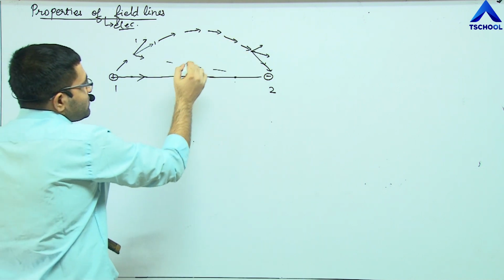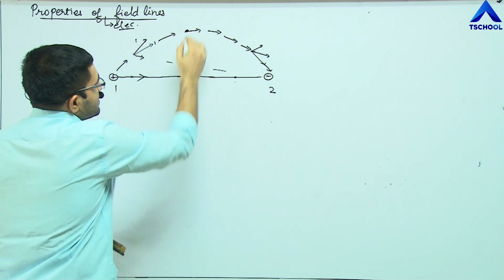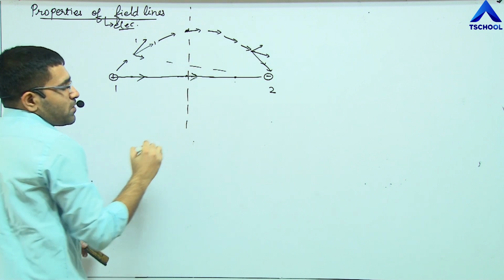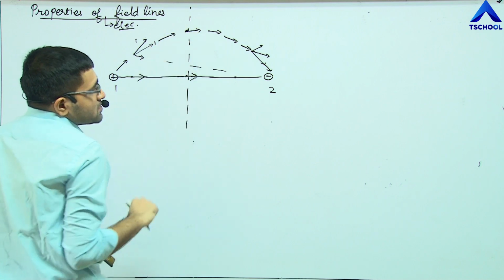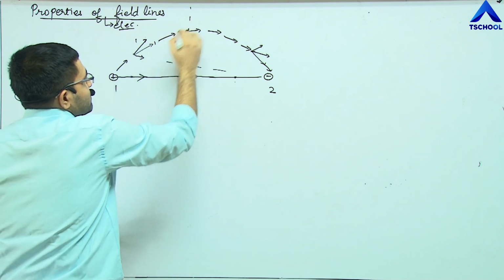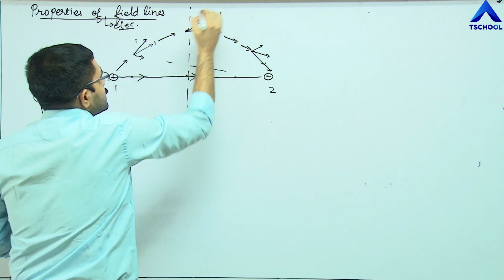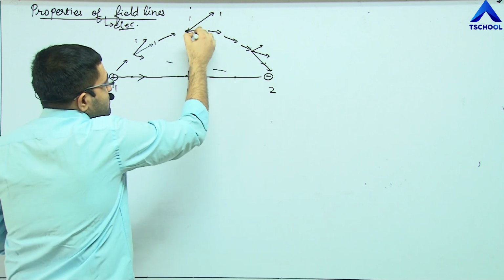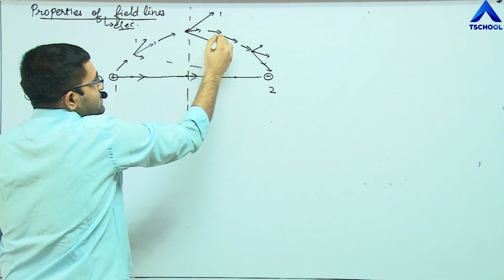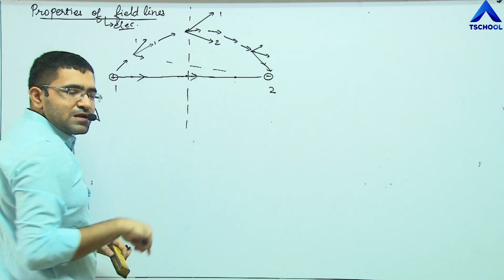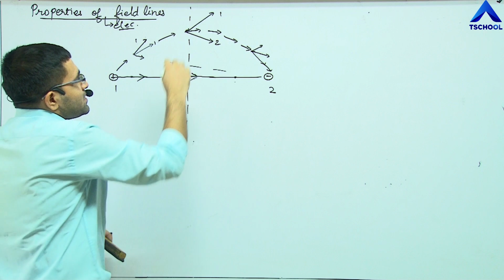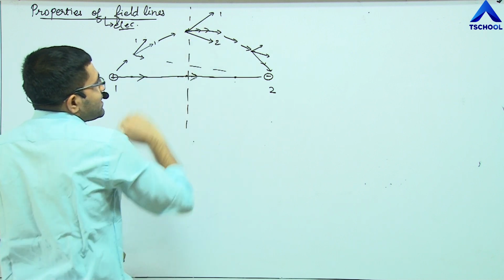You could verify that exactly at the midpoint of these two charges, the electric field due to positive charge is in that direction, but the electric field due to negative charge is in this direction, and these two are symmetric because this is exactly on the perpendicular bisector. That's why the net field is towards the right hand side.